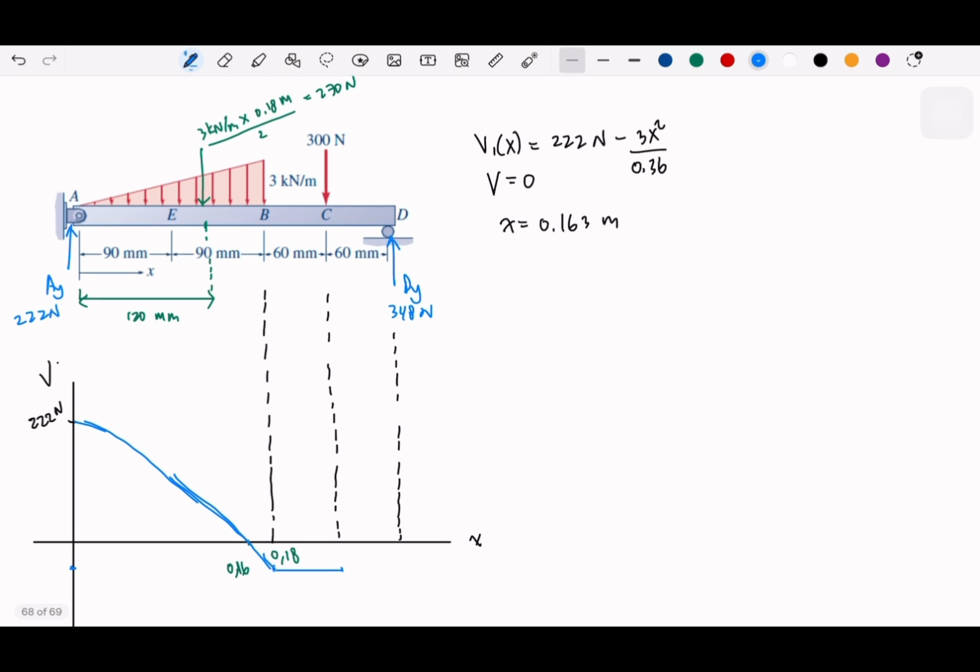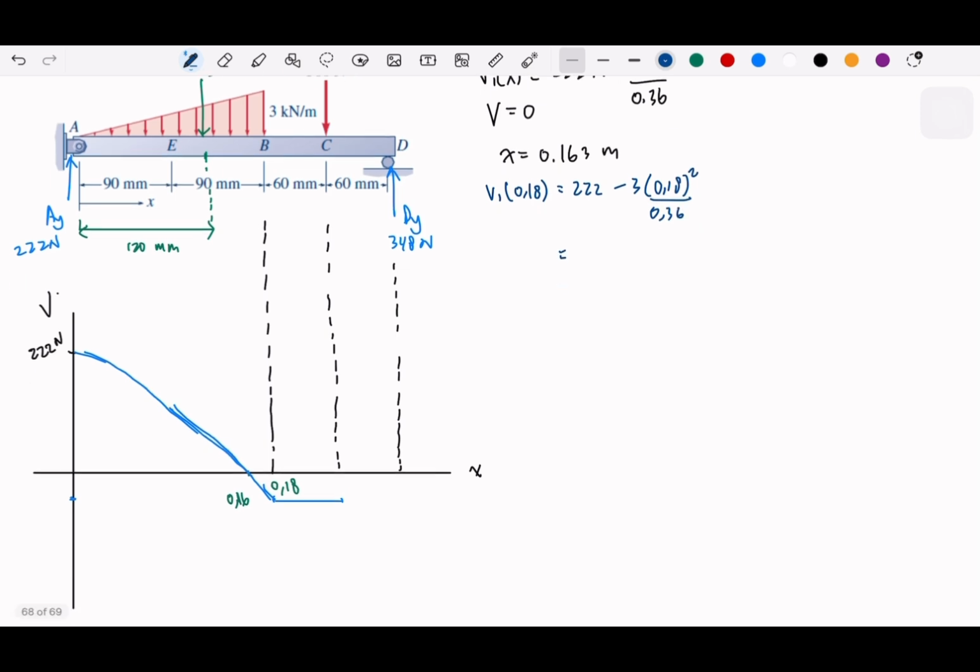And then at the V1 at 0.18, we can also get the number. You can compute this. So we get some number over there.